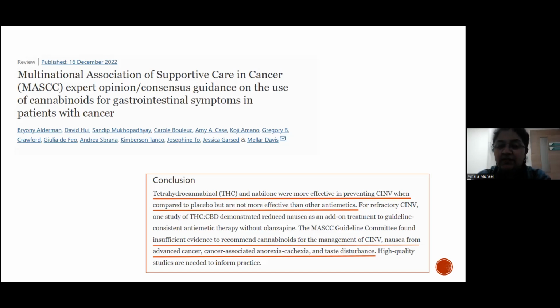It is the tetrahydrocannabinol, and you have the CBD. Now, the ratio of these two is what helps, all right? So MASCC found that there was insufficient evidence to recommend cannabinoids in management of chemotherapy-induced nausea, vomiting, advanced cancer, cancer-associated anorexia, cachexia, and taste disturbance. So there is no guideline here to say that this is going to work.